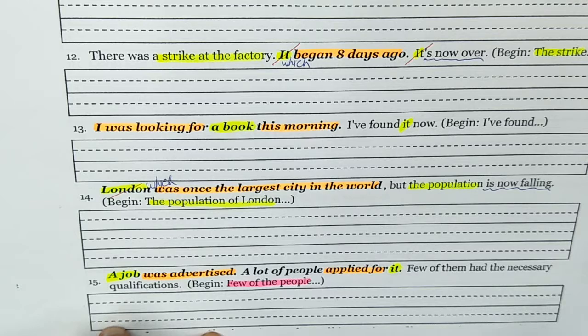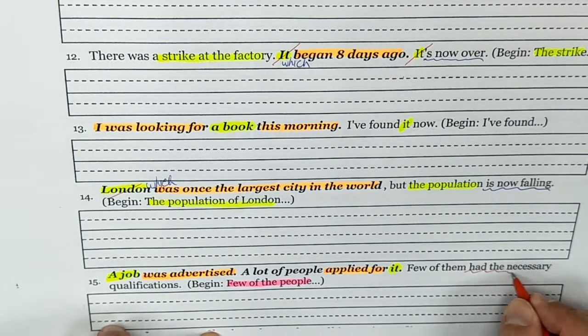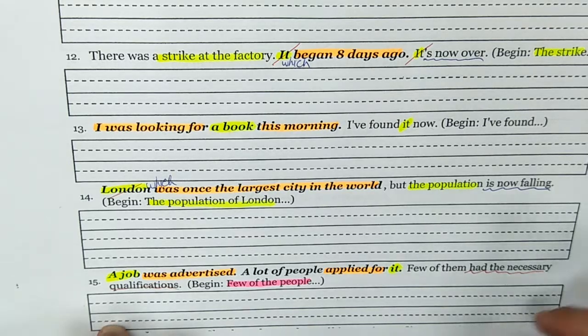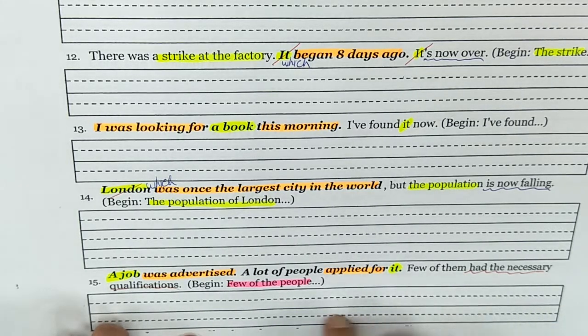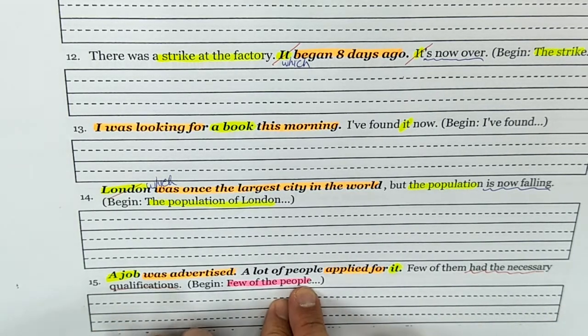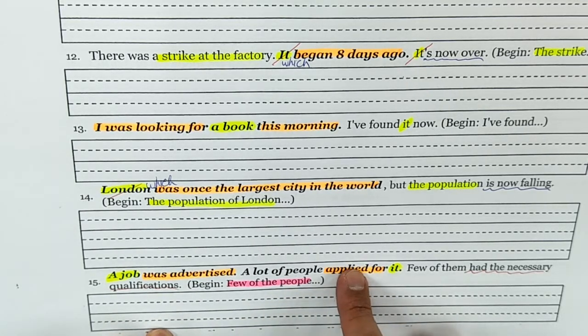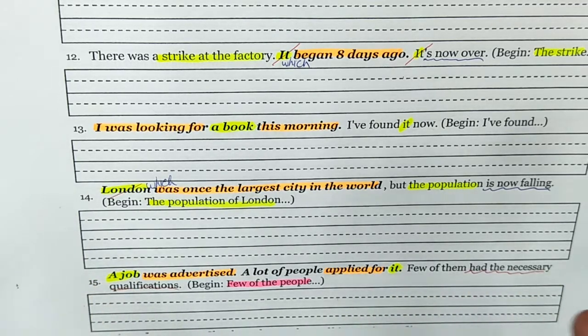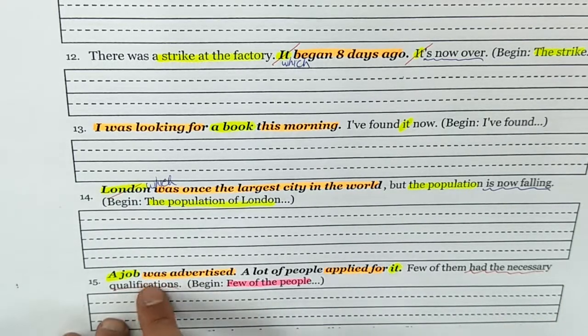Okay? And then had the necessary qualifications. That's the main sentence. All right. Few of the people. Okay? What people? Who applied for what? The job. We can't say a job. A job means any old job. We're talking about this job.